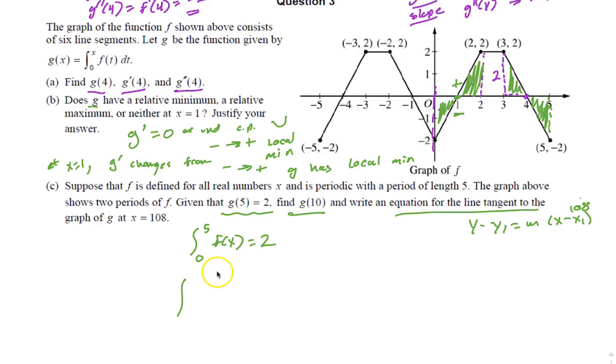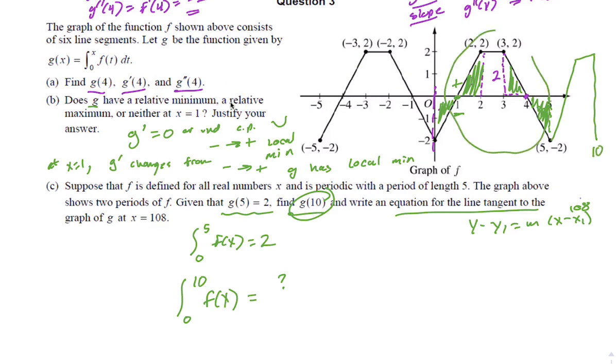Remember, g of 10 is the area from 0 to 10. We're just plugging 10 into our equation right here of f of x. Well, we can look at the graph. Remember, it's periodic. So if I draw it again, I'll draw a short one so I can fit it in. This would be 10. Well, I know all of this is 2. That's what they told me.